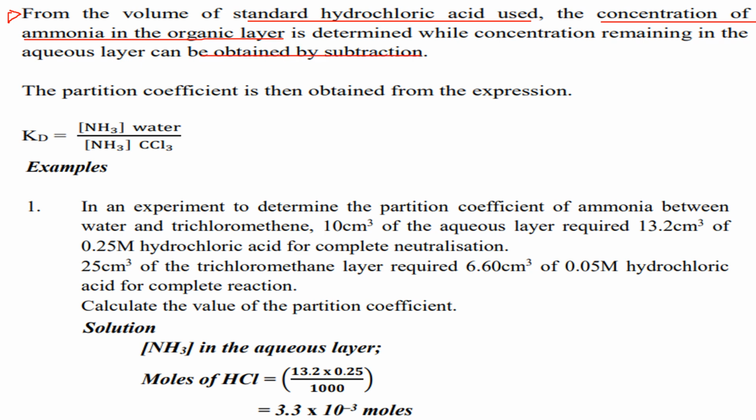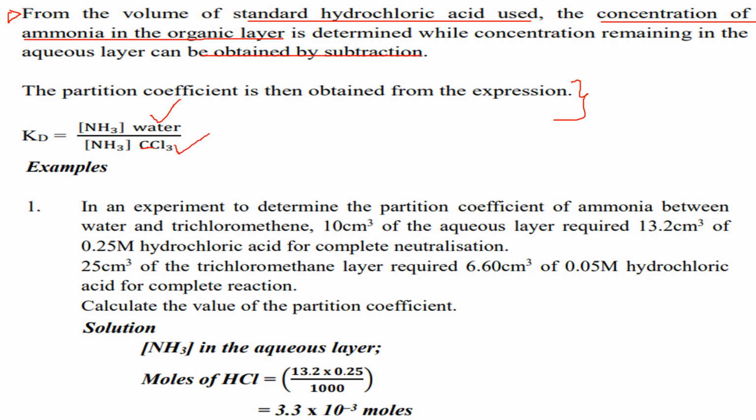And the partition coefficient is then going to be obtained from this expression. Always Kd, capital K and a subscript of capital D, is going to be equal to the molar concentration of ammonia as dissolved in water, divided by the molar concentration of ammonia as dissolved in chloroform.